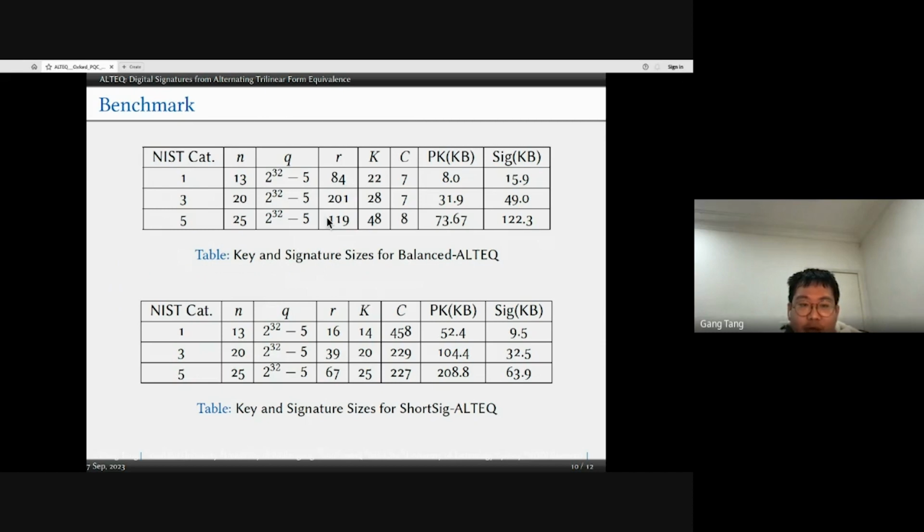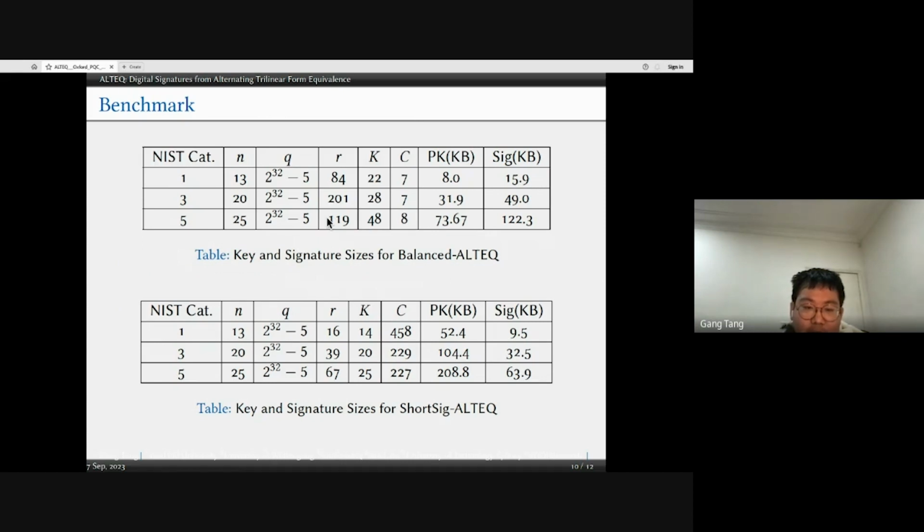And of course, we have the performance here. We have two modes, one balanced and the second short signature. As you can see, we use the same n and q, but different R, K, C. In the balanced mode, we have a public key size of 8 kilobytes and a signature size of 15.9 kilobytes.